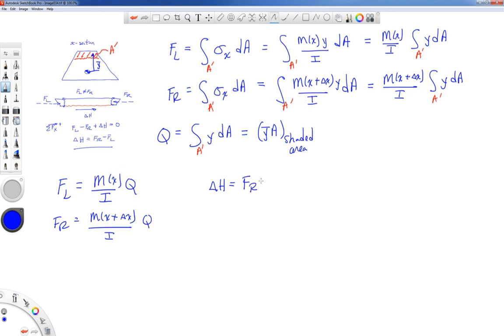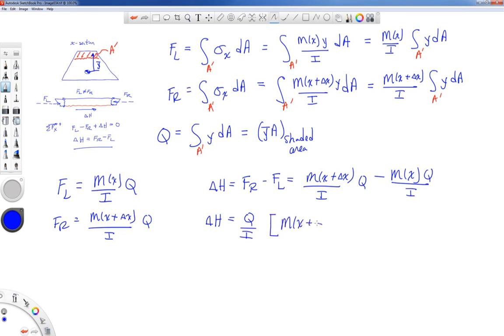Let's write that again. We have M of x plus delta x times Q over I minus M of x times Q over I. The Q and I are common, so I am going to rewrite this one last time. I'm going to pull the Q and the I out in front, and we have M of x plus delta x minus M of x, multiplied by that Q over I.